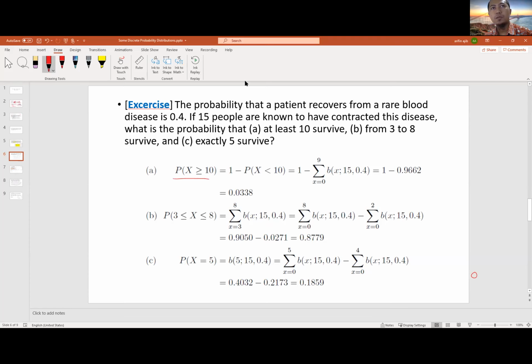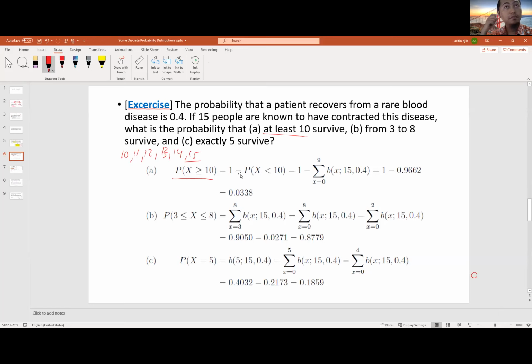How about this expression, is it already clear or not? Yes, sir, clear. When we compute at least 10 survive, it means that x includes 10, 11, 12, 13, 14, 15. Is it clear? Okay.